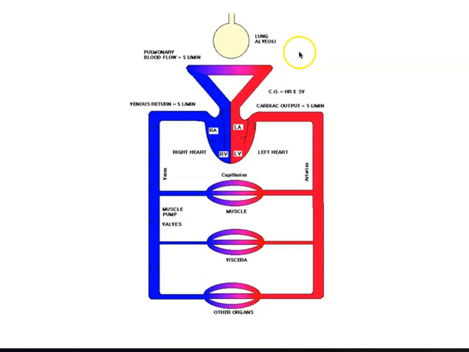So the left heart's function is to receive the oxygenated blood that just came from the lungs, and it's going to pump it out to your body so you can give oxygen to your entire body.